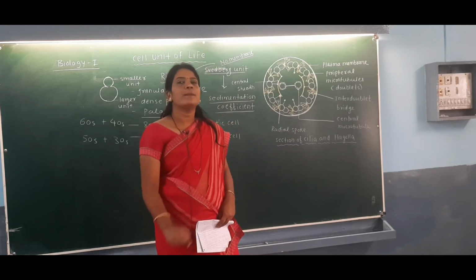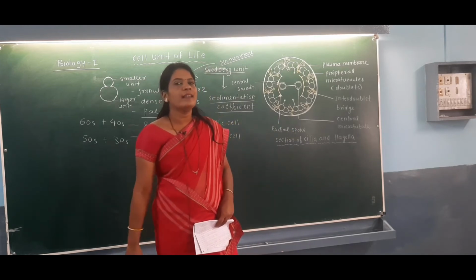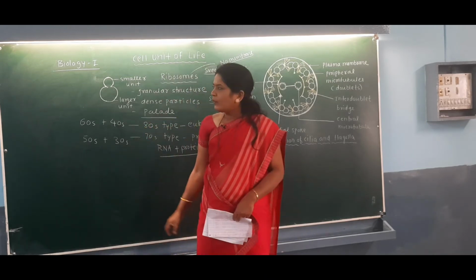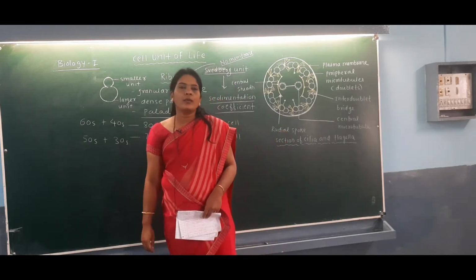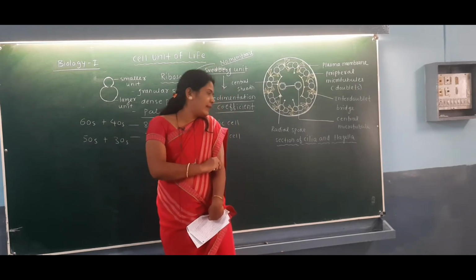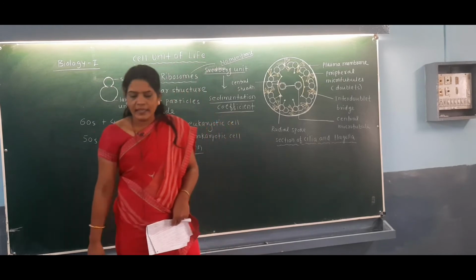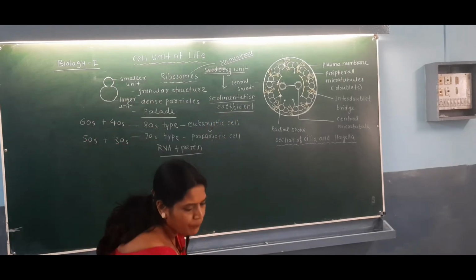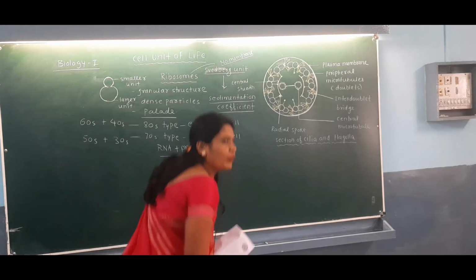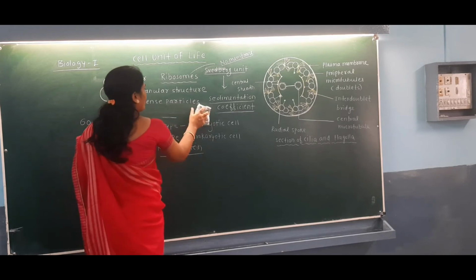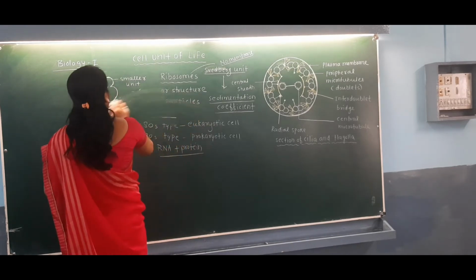So this is also an important point you have to note down in the ribosome, that it is without any membrane. It is very, very important that you remember the membrane is absent in the ribosome. Then 70S and 80S are the types of ribosomes, and S stands for the Swedberg unit. These are the important parts we have discussed for the ribosome.